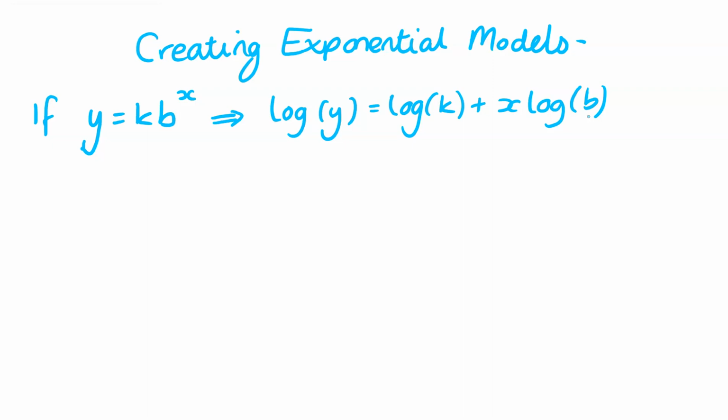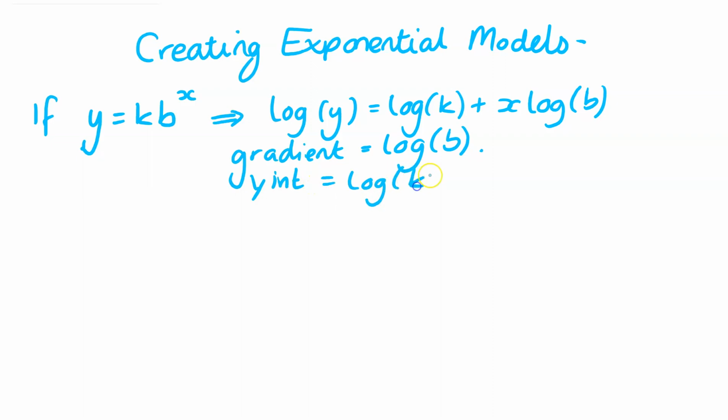So this is an equation of a straight line, and the gradient of that line is log B. If you think back to y equals mx plus c, the coefficient of x is the gradient, and the y-intercept is log k. And this is all done in log base 10.